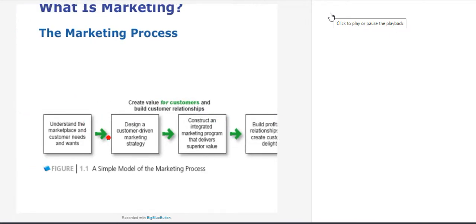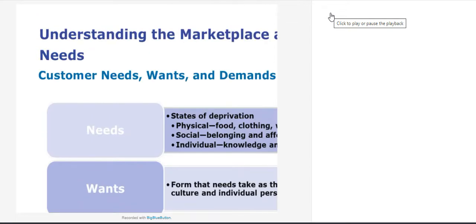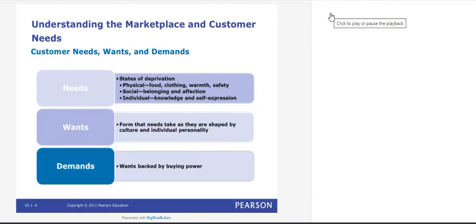The first step in this model is to understand the marketplace and customer needs, and that's actually what we are going to do here. So don't get confused. We are starting the first step of the marketing model.